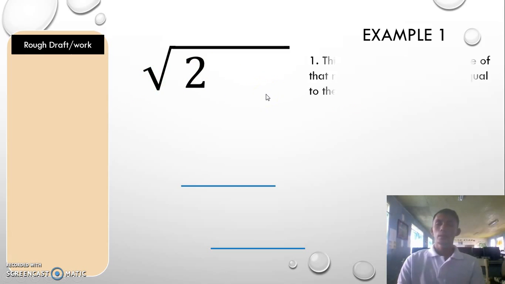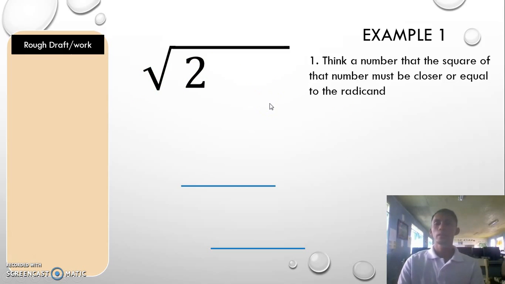So first step, think of a number whose square must be closer or equal to the radicand. So basically this is the radicand. Think of a number whose square is closer or equal to this number 2. So what do you think?